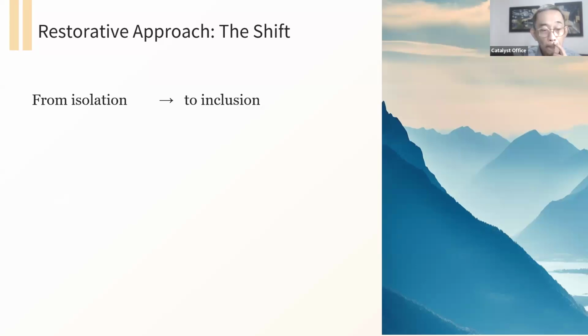So that means instead of the attention being on the fact that the student is different from everyone else because of what he did, which in the previous story is he did not submit the book report that was due to him, when we do the restorative approach, we try to bring back the student along with everyone else who submitted, okay?